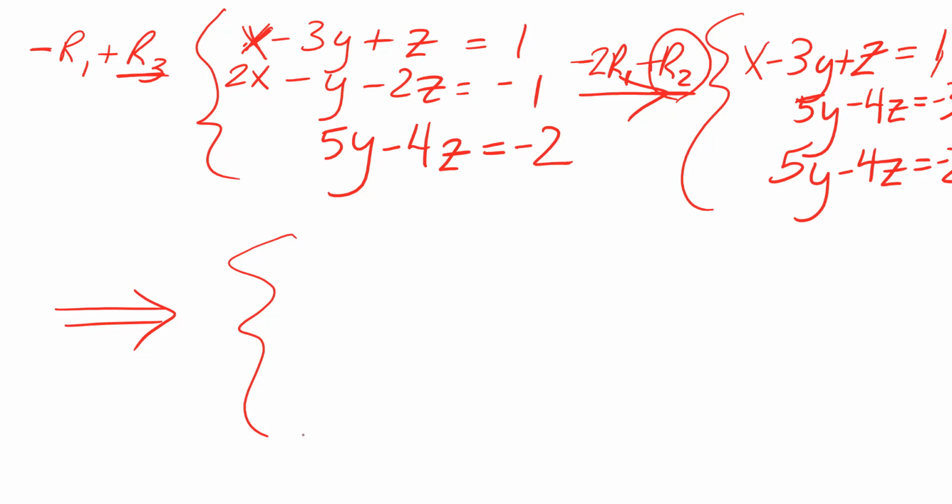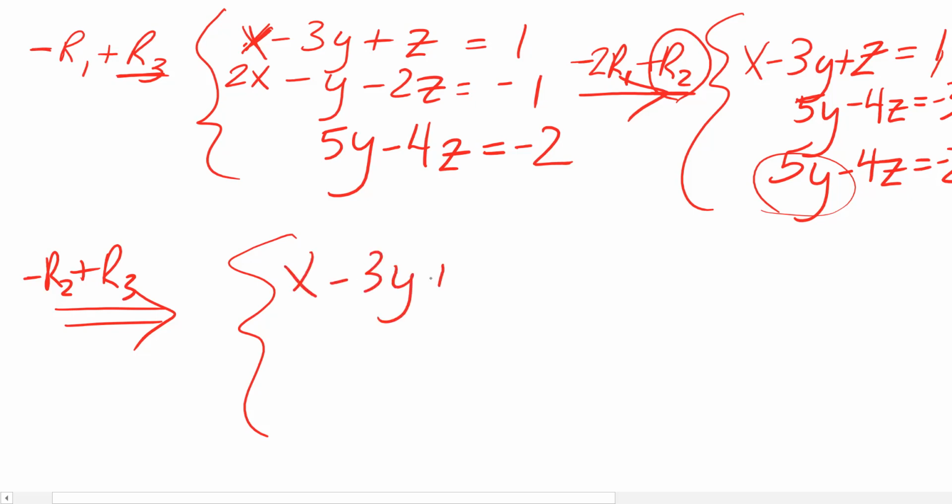Because what we would want to do is say, okay, I don't want that 5y in the third equation because I want the third equation to just have a z term. So I'm going to multiply the second equation by negative 1, so negative r2, and add it to the third equation. And that'll cancel the y's. First equation stays the same, and the second equation stays the same.